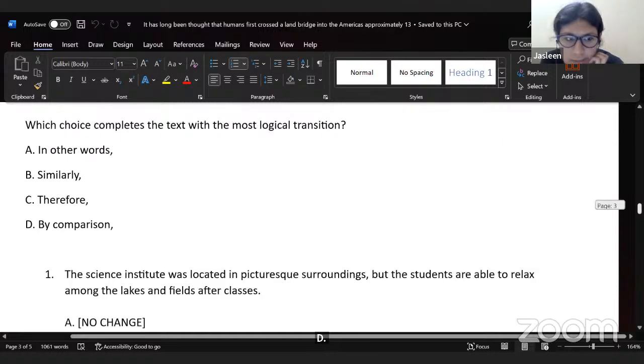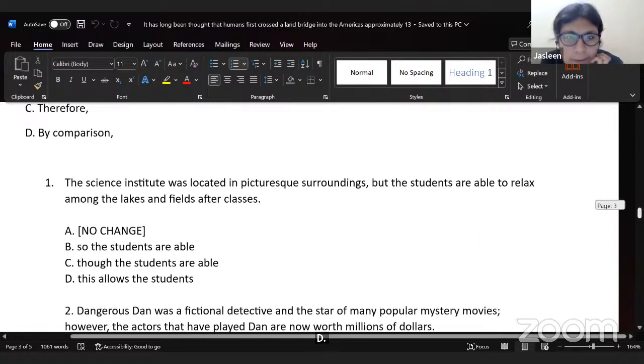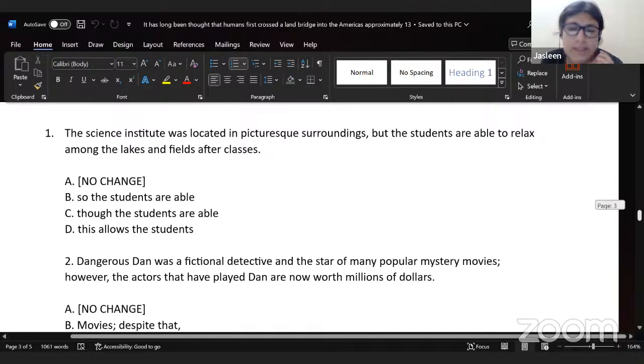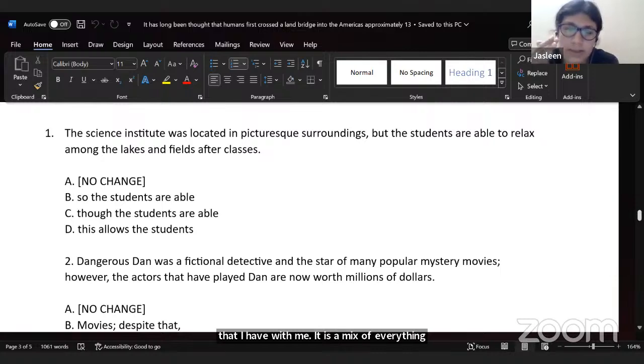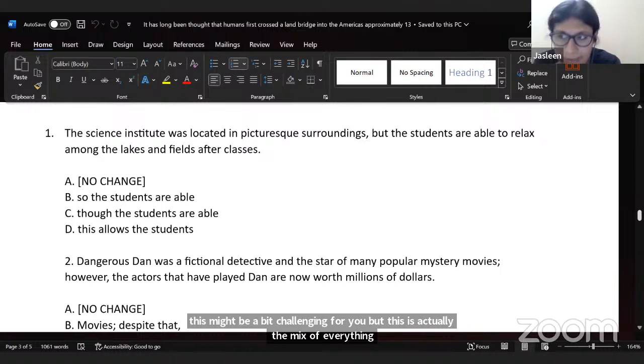Now I have some questions for this question set that I have with me. It is a mix of everything, because this is the last session. Hence, this might be a bit challenging for you, but this is actually the mix of everything, where you have to spot the error in the sentence, be it any kind of error.